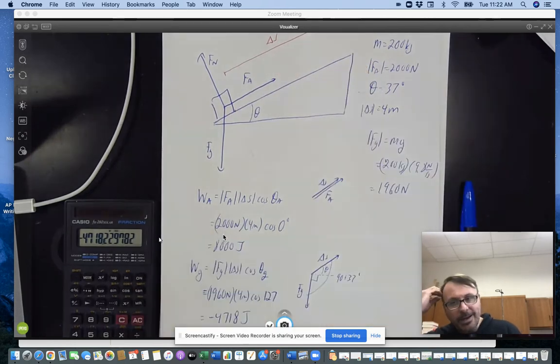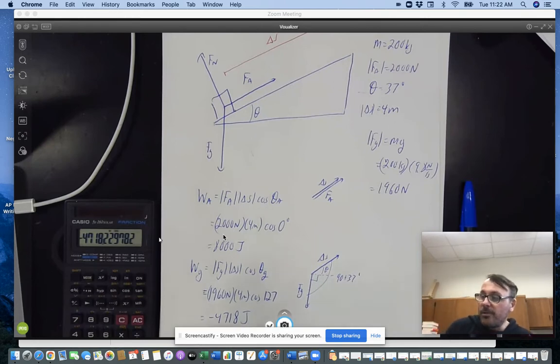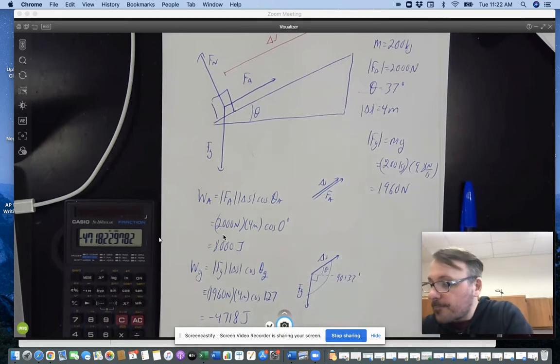But if you think about it, as an object is going up an incline, it makes sense that gravity is trying to slow it down. Anytime the action of an individual force would attempt to slow down the object, we would expect that that force does negative work. It's trying to remove capacity due to motion from that object to affect the environment. So that result makes a lot of sense then in terms of what's going on.